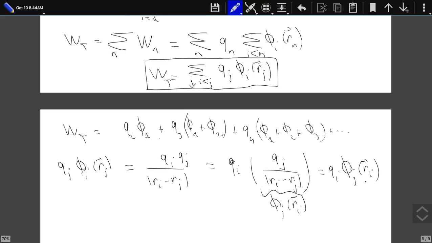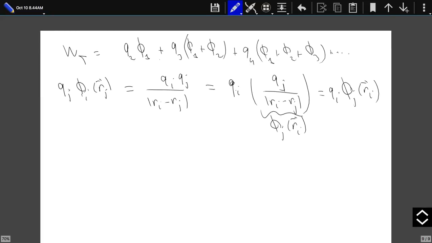Do you agree? So Qj multiplied by the potential created by Qi at the position of rj is exactly the same as Qi times the potential created by the other charge at that point. Now, I will use that trick to rewrite the above expression.